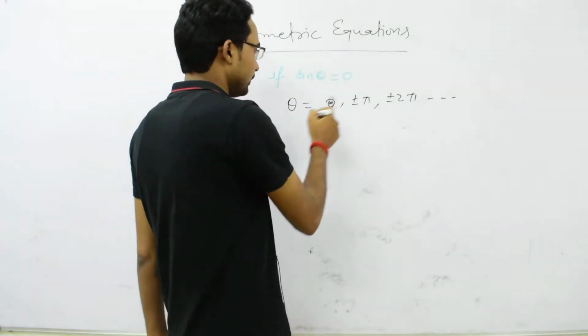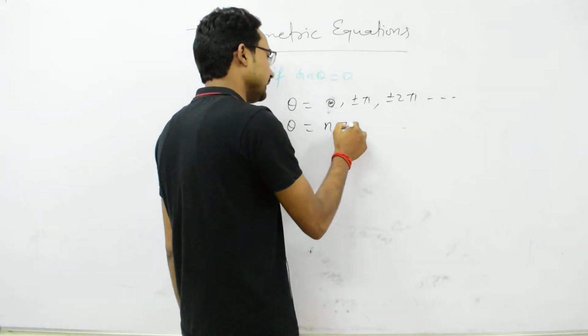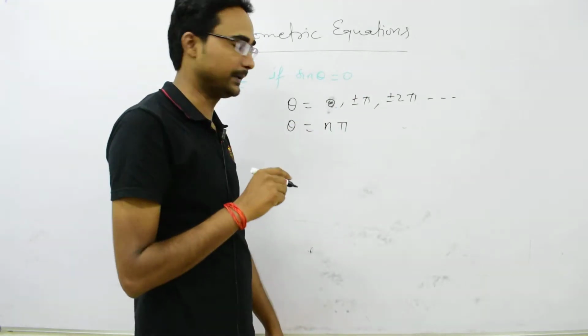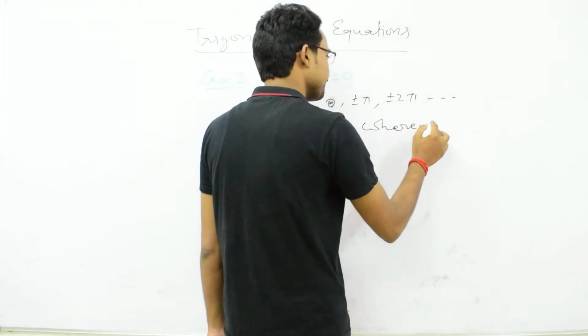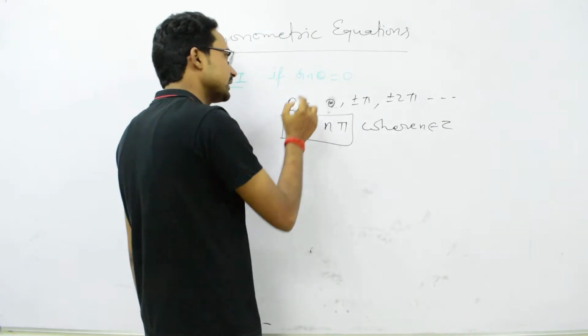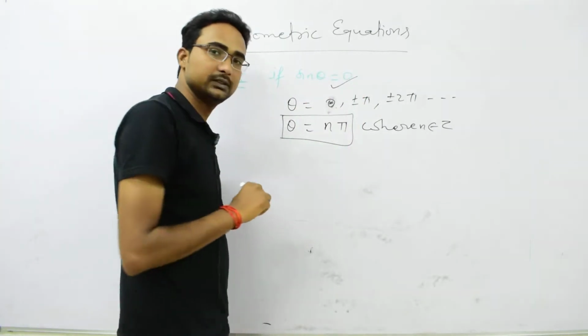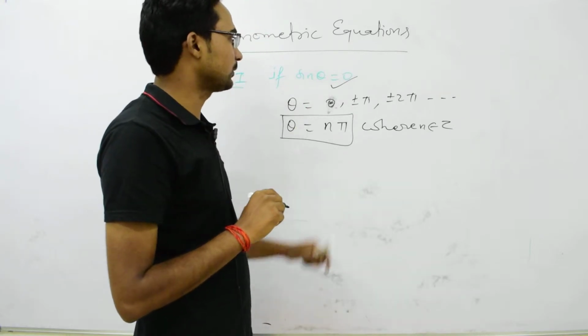In compact form we can write n pi, because this is a multiple of pi, where n belongs to the integers. So theta equal to n pi is the general solution of sin theta equal to 0.